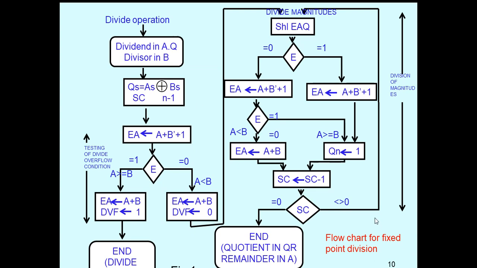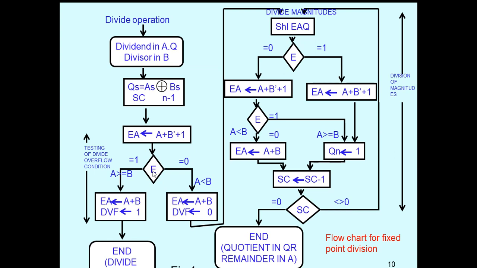And then we have to check whether division overflow is occurring or not. To test the divide overflow condition, we do A plus B complement plus 1. This is nothing but subtraction of the number, A minus B, as I told you in the example, and that can be placed in the EA register.